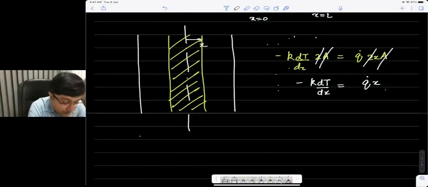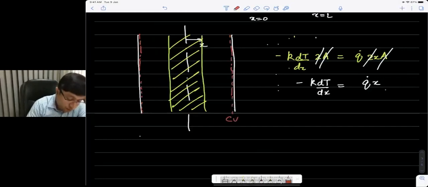We can also apply this overall energy balance over the entire slab to obtain the surface temperature. So if I look at a new control volume, which basically is all the way to the edge of the slab, okay, so this is our control volume, and of course we don't need to worry about the other sections, but just for the sake of completeness, we can also apply energy balance on this entire control volume.